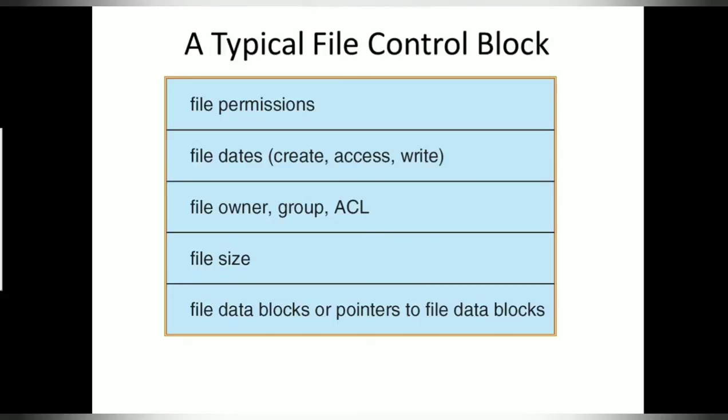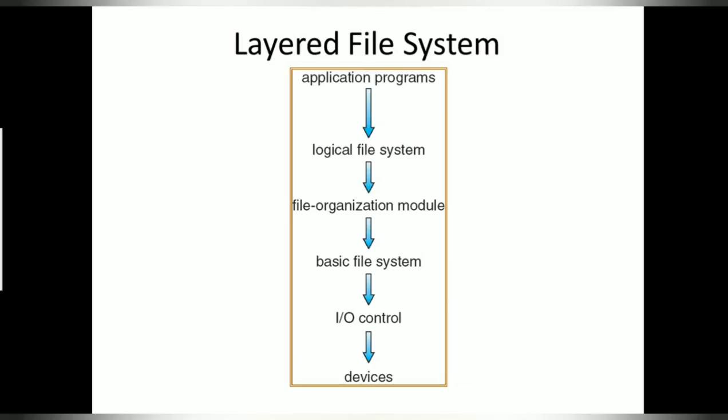You can see the dates when it was created, accessed, written, file permissions, and the data block pointers. So these are some of the information that pertains to the file control block.